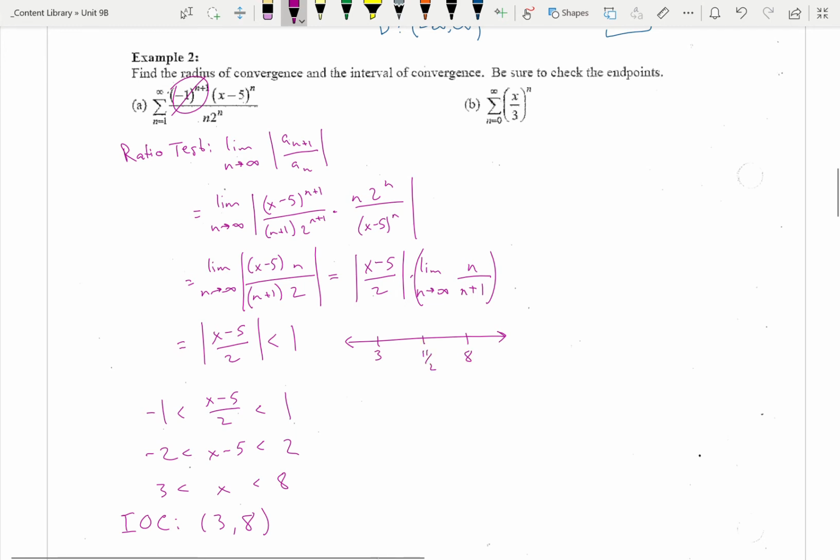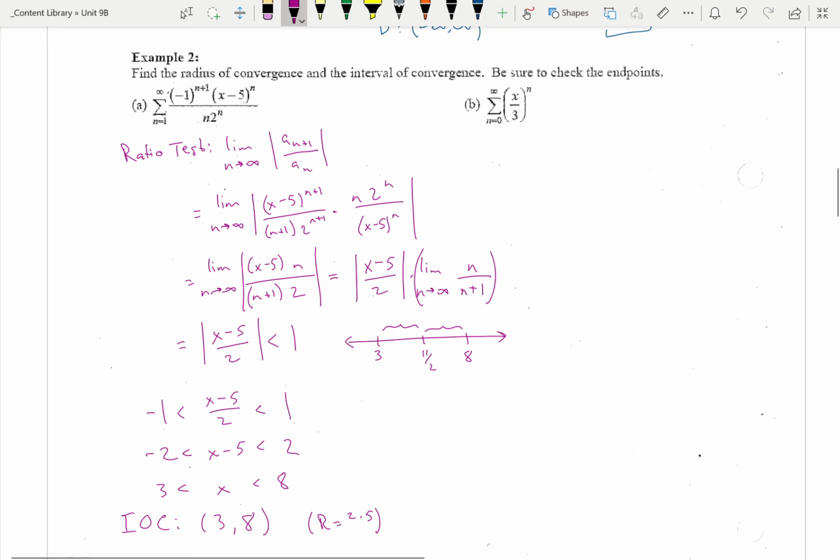So we've got, let's see, I guess 5 halves, right? The radius of convergence is 2.5. And you might notice the 5 and the 2. Those are what are determining that radius of convergence.